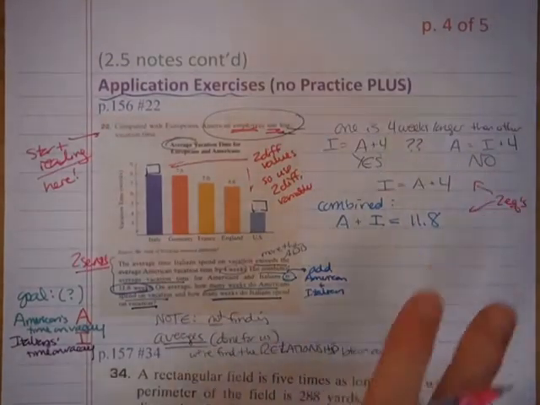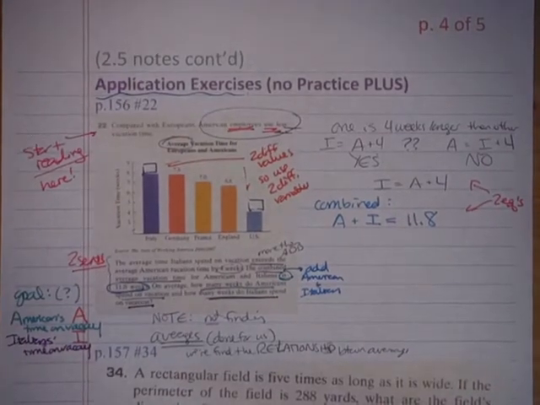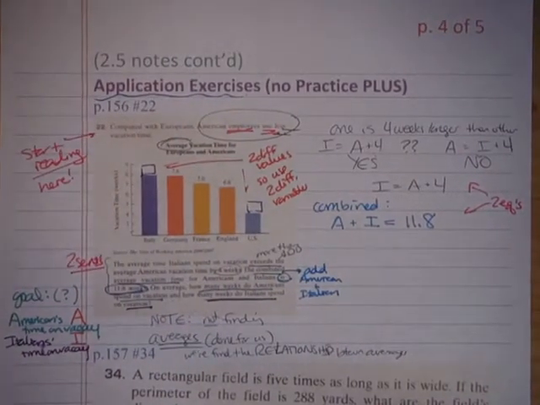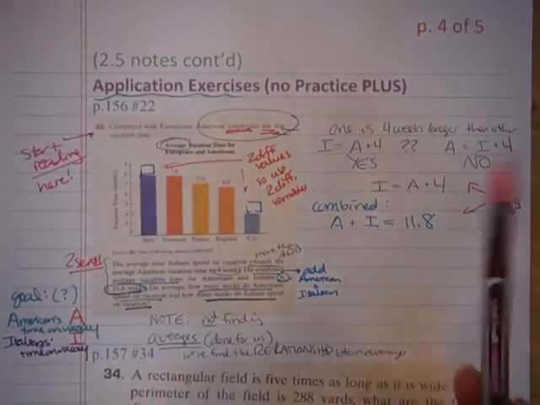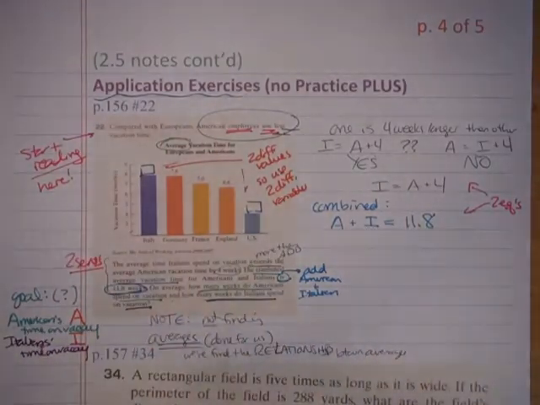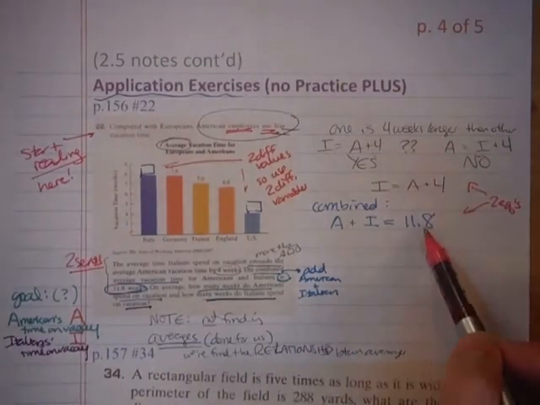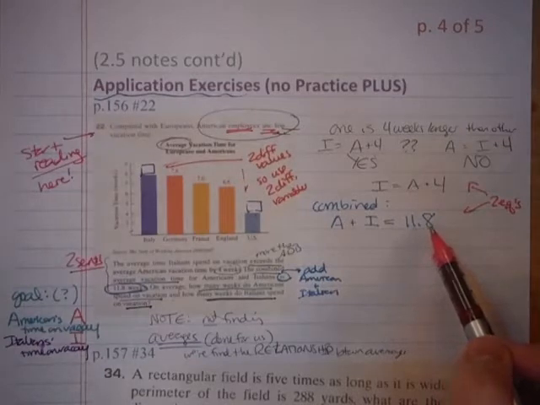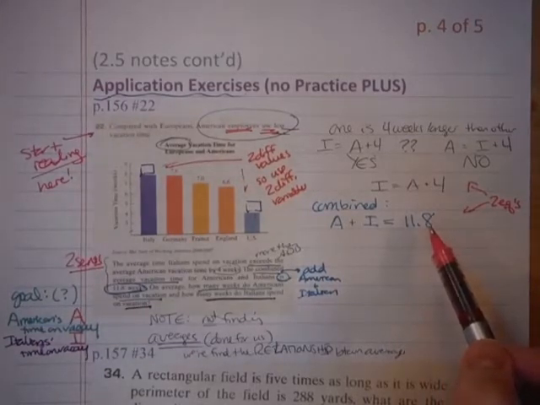Now I'm just going to plant a little seed here. When we get to Math 65, right off the bat in Chapter 5, we are going to have problems just like this, where we look at the 2 equations and we solve them as 2 equations. Okay, but that is not our skill right now.